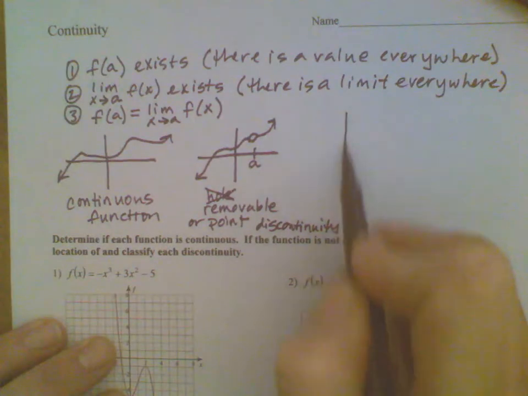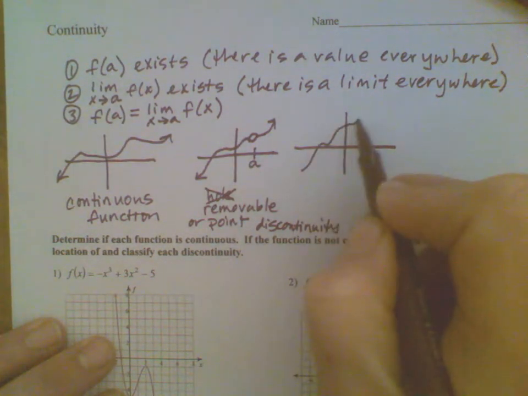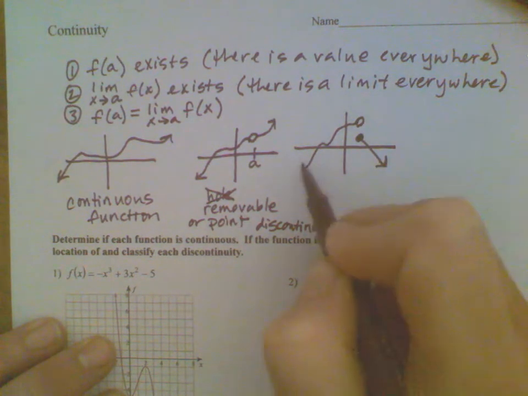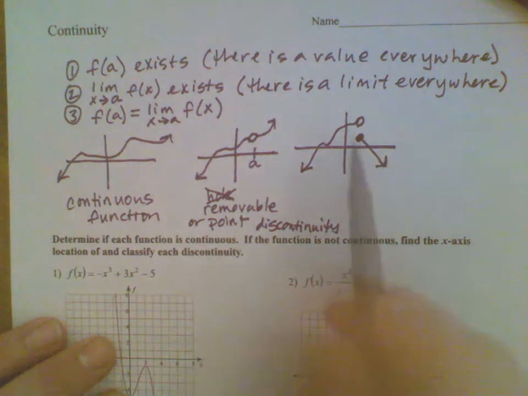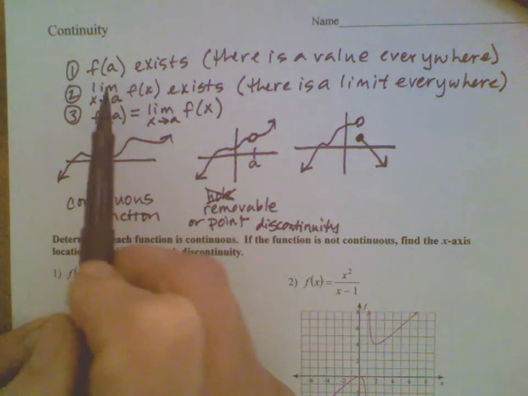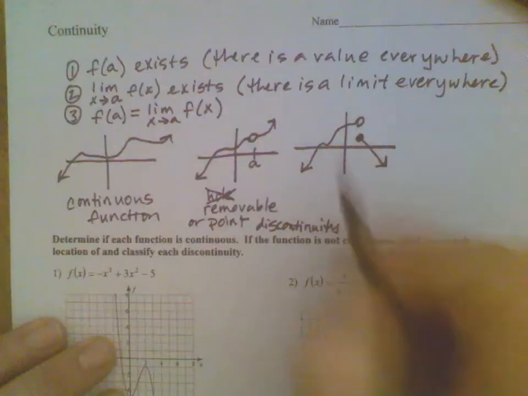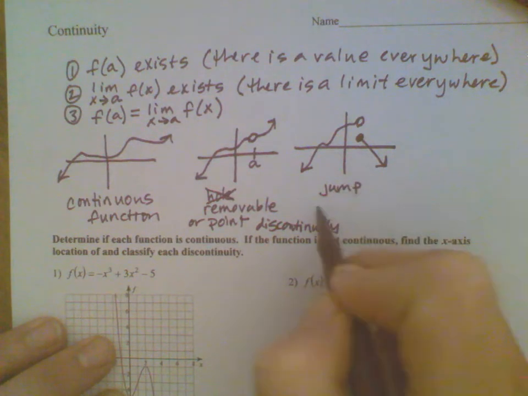So what does it look like to not have a limit everywhere? Well, that would be a function where maybe I stop here and then I drop down here and have another piece. So there's an example of a spot where the limit does not exist. This is called a jump discontinuity.